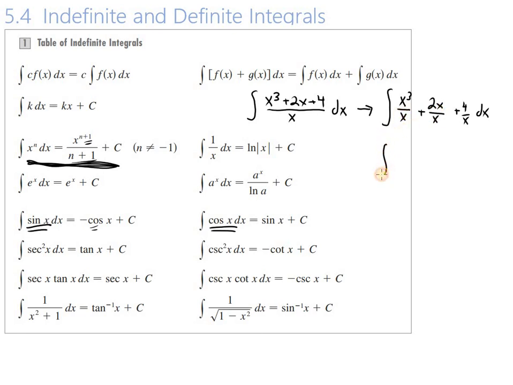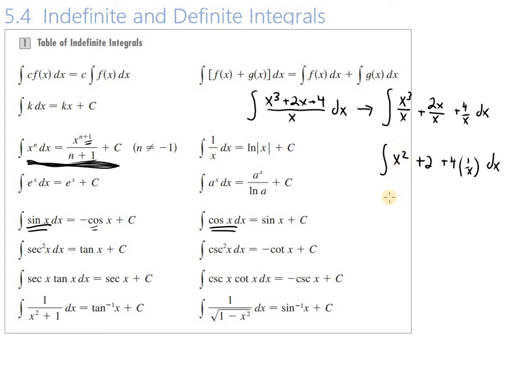So I'll take it one more step before I even start trying to do any calculus. So this would be x squared plus 2. This last one I'm just going to write as 4 times 1 over x. You might not need to actually write it out that way, but that's how we'll think of it. And now the integral is pretty easy to do here.